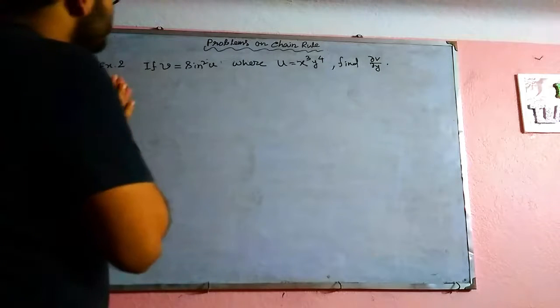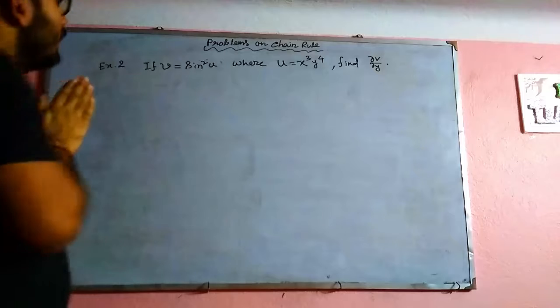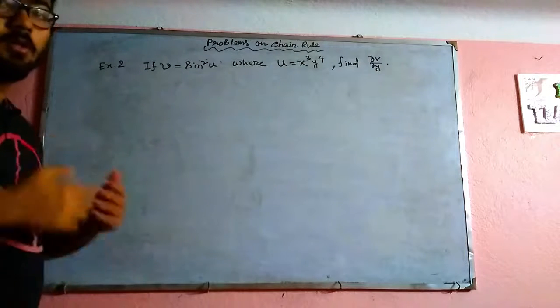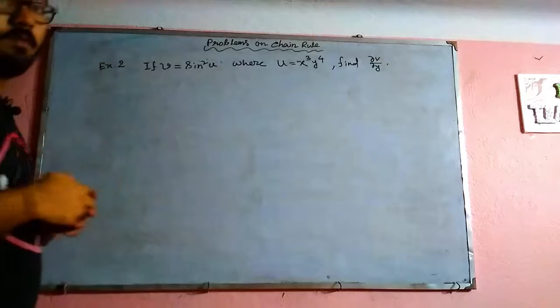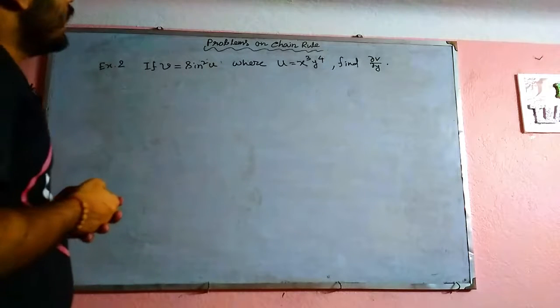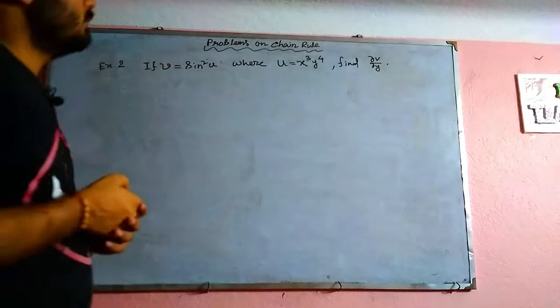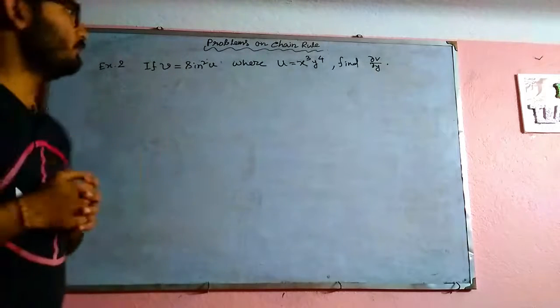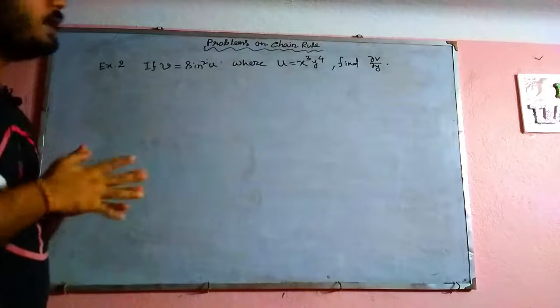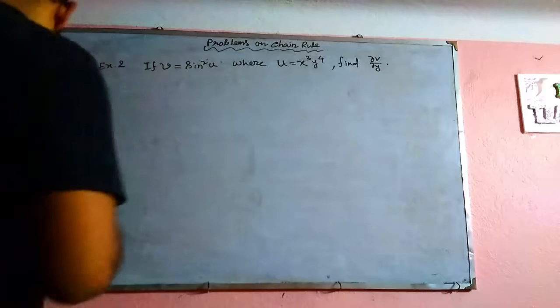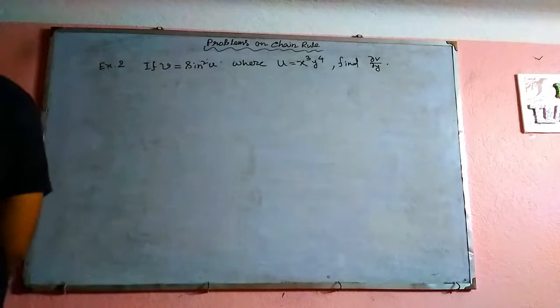See, here v is a function of u. V is a function of one variable, which is u, and u is a function of two variables, which are x and y. So you have to find del v del y. So how to approach?